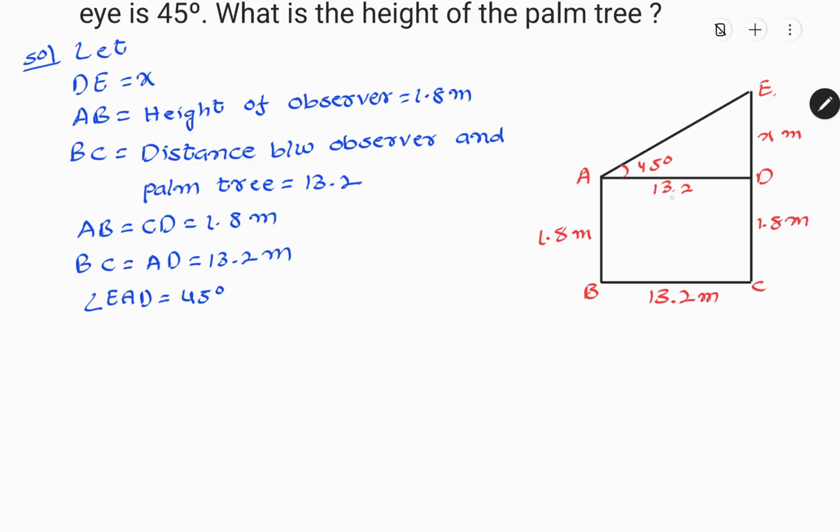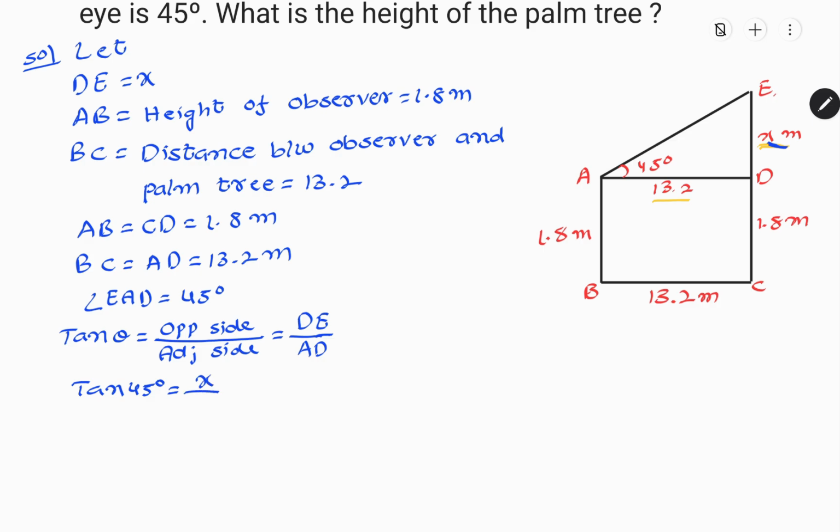For this angle we have adjacent side and we need to find opposite side. So we will use tan ratio. Tan theta is equal to opposite side by adjacent side, which is DE by AD. Here theta is 45 degrees. So tan 45 degrees is equal to, here DE is x meters and AD is 13.2 meters.